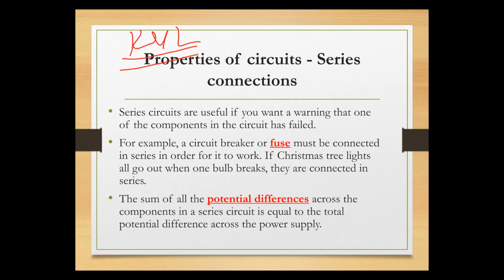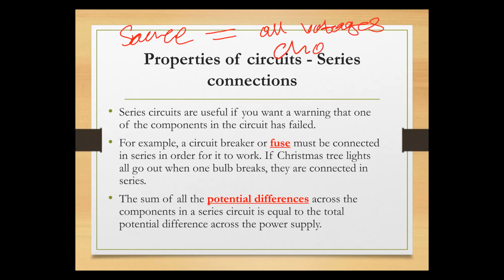So KVL says, like they are saying, the sum of all the potential differences across the components in a series circuit is equal to the total potential difference across the power supply. So what they are saying in simpler words is that the power supply, your source, is equal to all the voltages that are charged in that circuit.